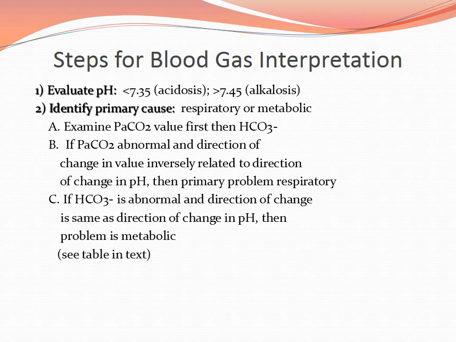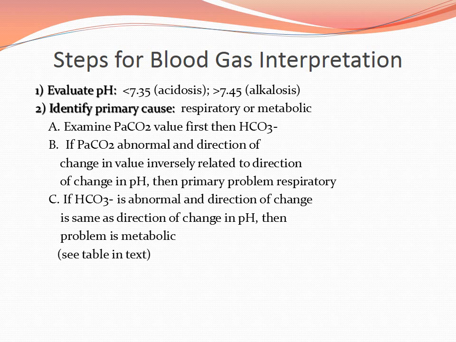For example, if I have a low pH and a low bicarb, then I know that it's a metabolic issue because it's going in the same direction. If I had a low pH and a high CO2, then I know that it's a respiratory component.